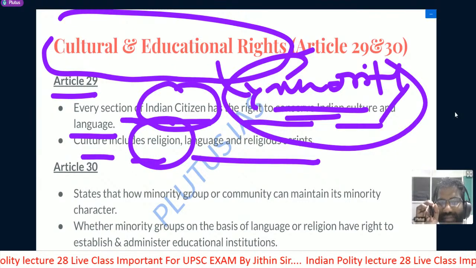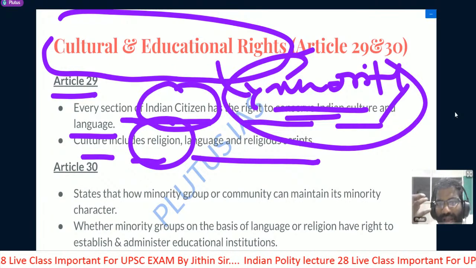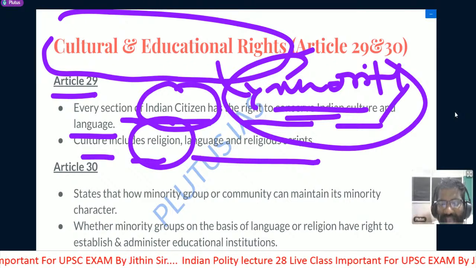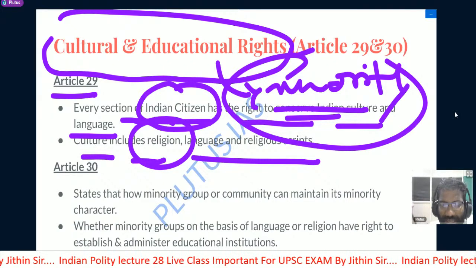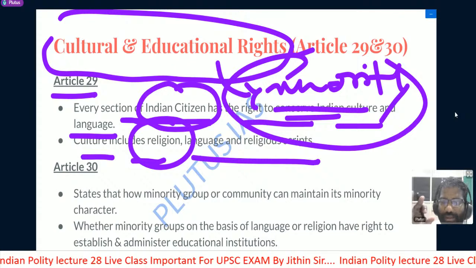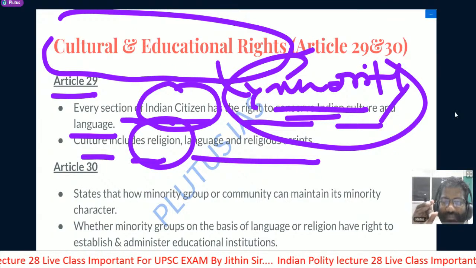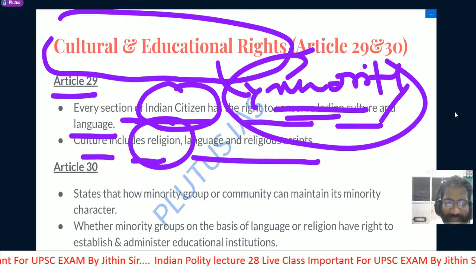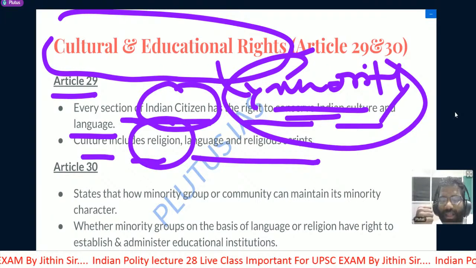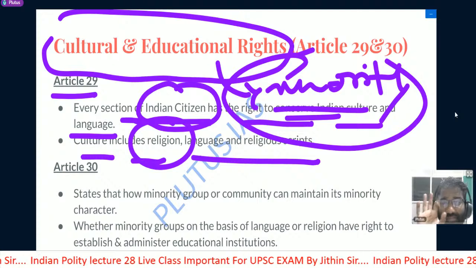Minority word हमारे संविधान में कहीं भी नहीं लिखा हुआ. But as per our understanding, minority religious groups are Muslims, Christians, Sikhs, Jains, Buddhists, Parsis, because their population is comparatively less compared to the largest number of people, Hindus. It is only on the basis of population.